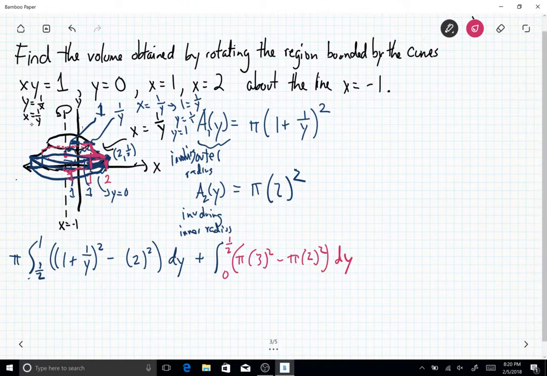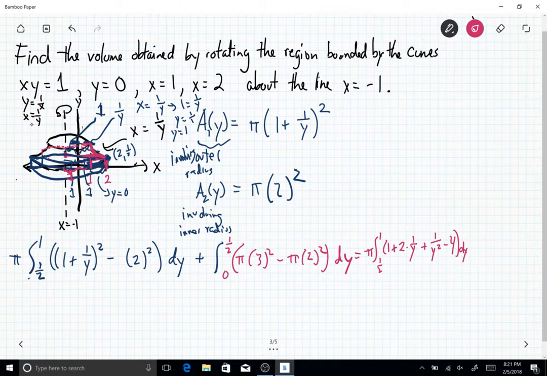So notice this second piece, well, actually, let's rewrite this thing. You can write pi times the integral from 1/2 to 1 of, we had the sum of the squares, 1 plus, let's write it as 2 times 1 over y, so you can see that natural log of y a little bit more clearly. And this 1 over y squared minus 4 dy.